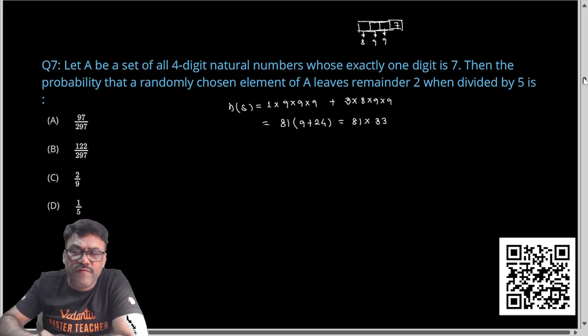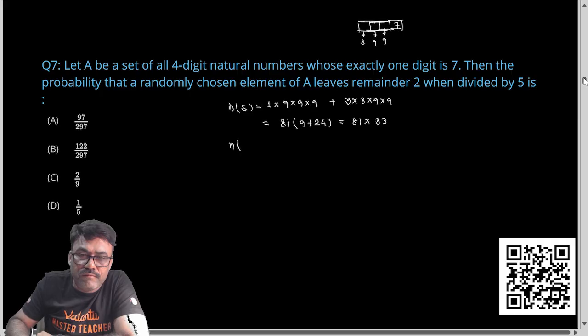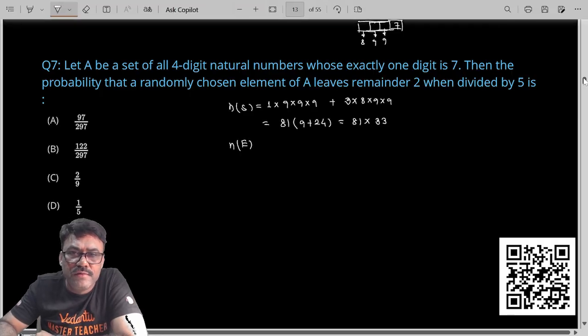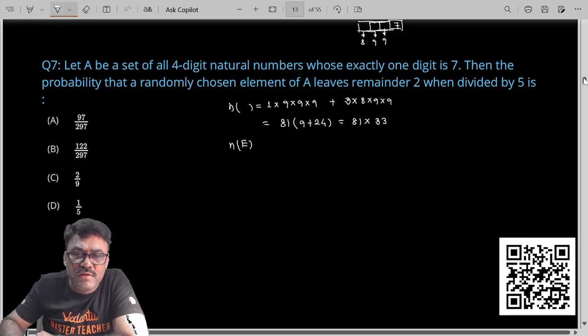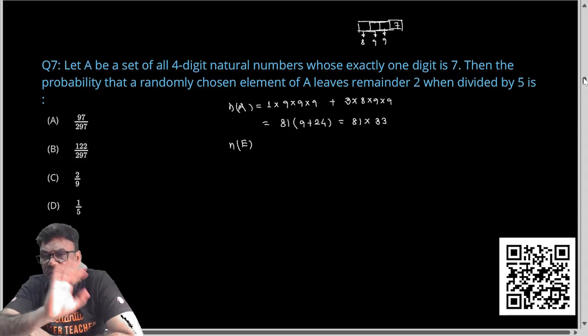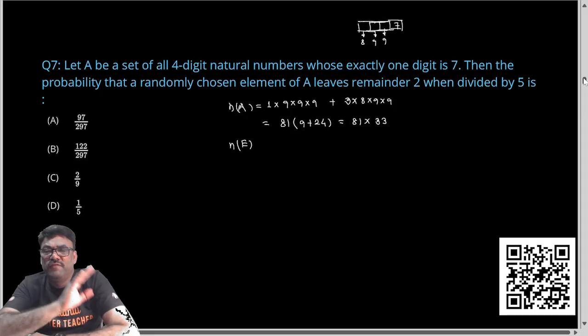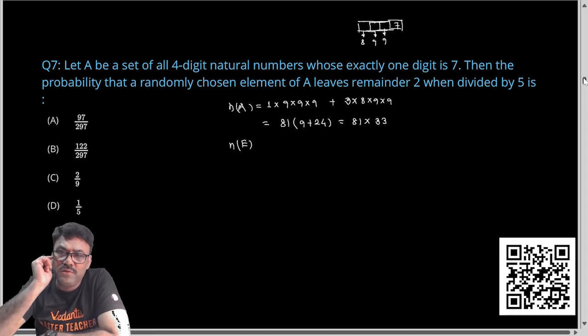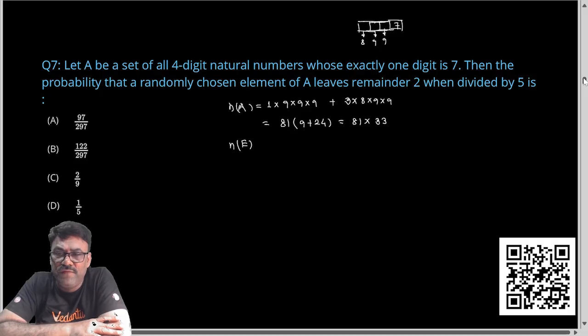Now let's write the favorable cases. In fact, I should write here n(A), because A is the set containing all the numbers. A is the sample space here. Now, what is the favorable case? If I pick a number and it is divided by 5, then this number must leave remainder 2.